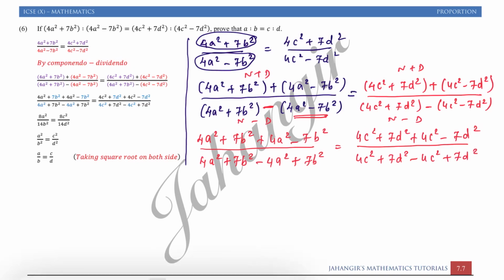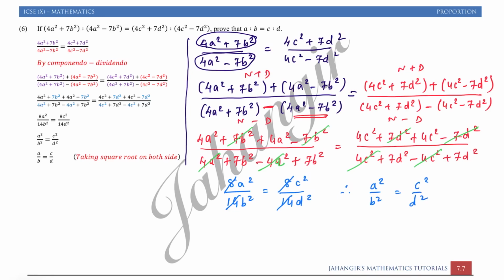Now let's cancel out whatever terms you can. This is 4a square, 4c square, 4c square, 7d square, 7d square. So now left is 4 plus 4, 8a square upon 14b square is equal to 8c square upon 14d square. You can cancel 8 and 14 on both sides. So therefore you get a square by b square is equal to c square by d square.